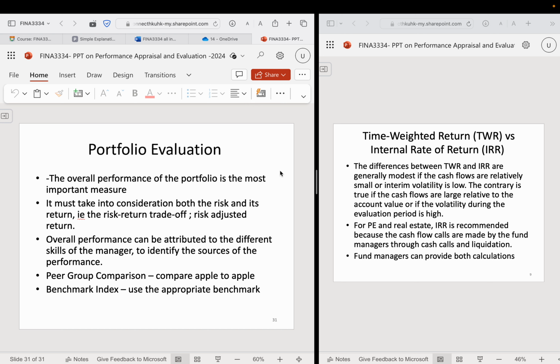There are also some soft measurements, like what the fund capitalization is, what the size of the fund is, how long the manager's experience is, and what the turnover is, meaning how much trading turnover there is in the portfolio.